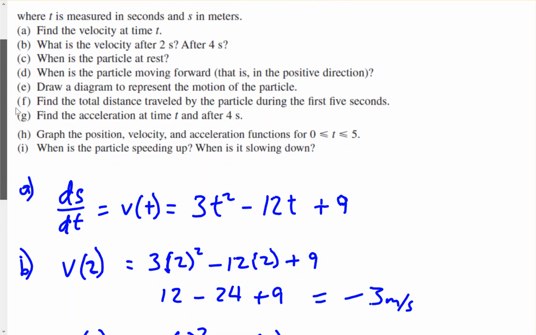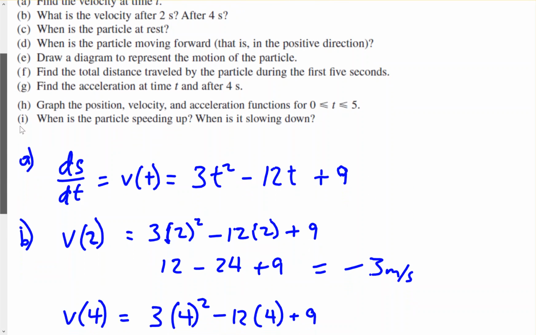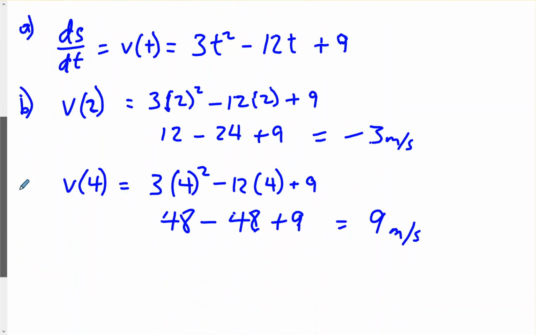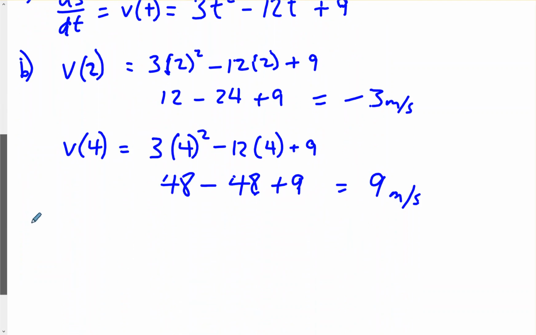Part C, when is the particle at rest? A particle is at rest whenever our velocity is equal to 0. So for our problem, we would set the velocity function equal to 0.